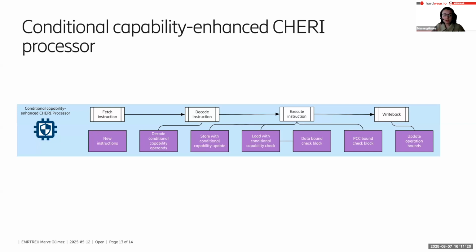Most importantly, whenever a store happens, I update the capability to show that this memory is initialized, and to detect uninitialized memory access, whenever a load happens, I check that the address is between the operation bound and upper bound. There are more details, so please check the paper.